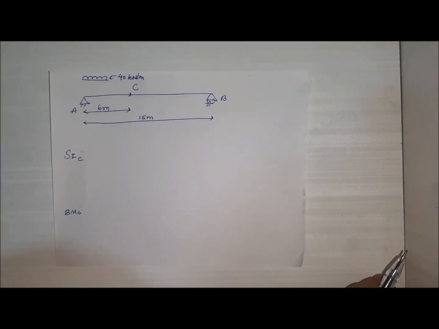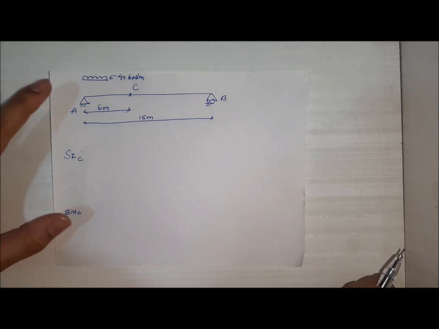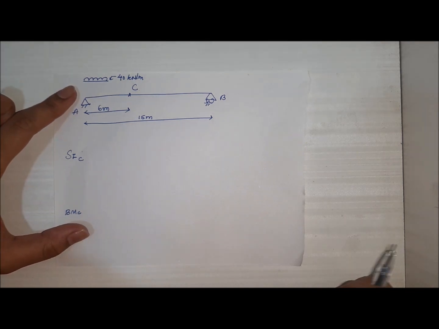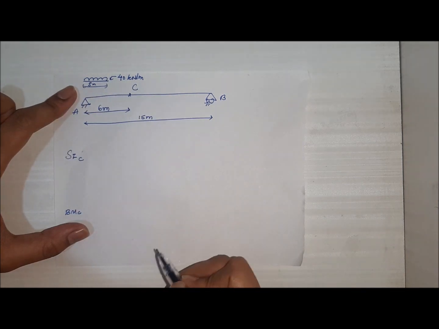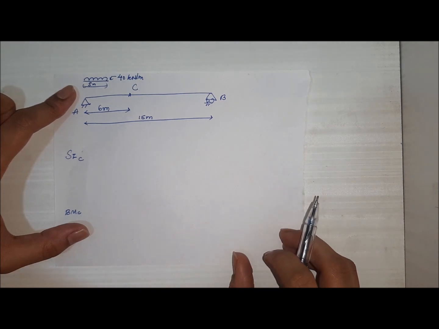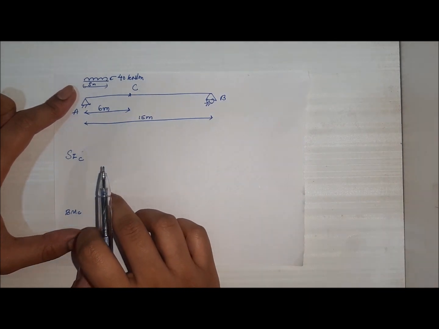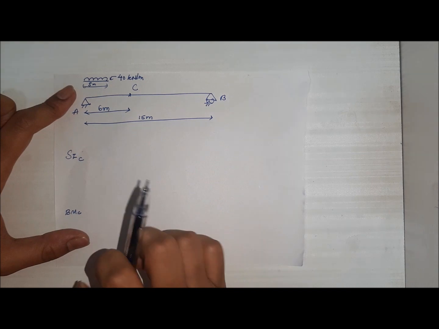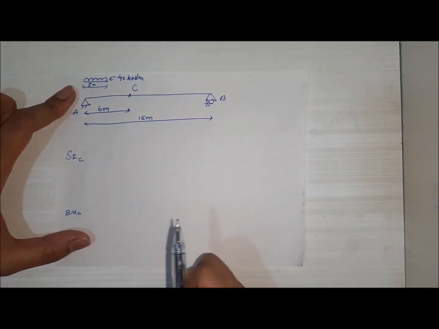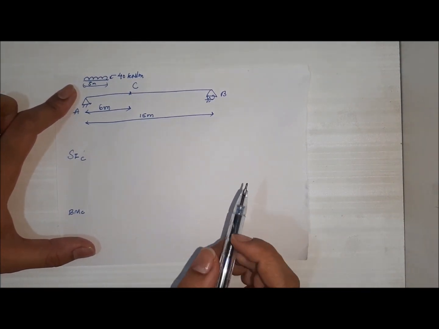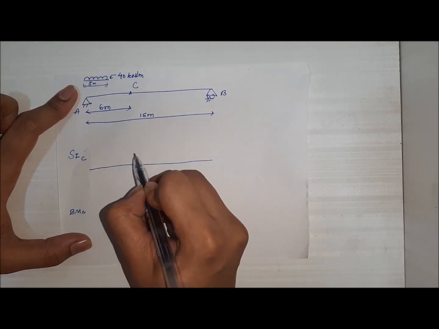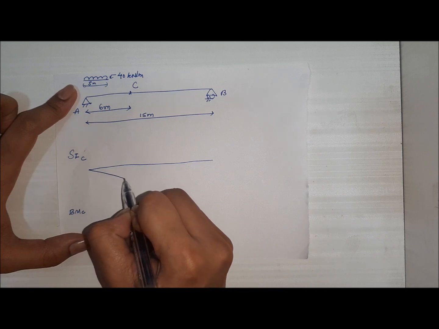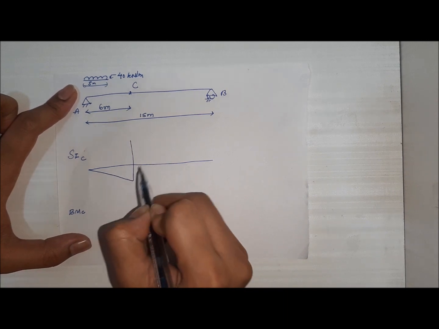We also come across cases when rolling loads are there. So this is a rolling load of 40 kilonewton per meter having a span of 5 meters. It will roll over the beam and we have to find out the shear force at section C and the bending moment at section C. First we will draw the ILD for shear force at section C. As we have drawn for a simply supported beam, it is very easy.